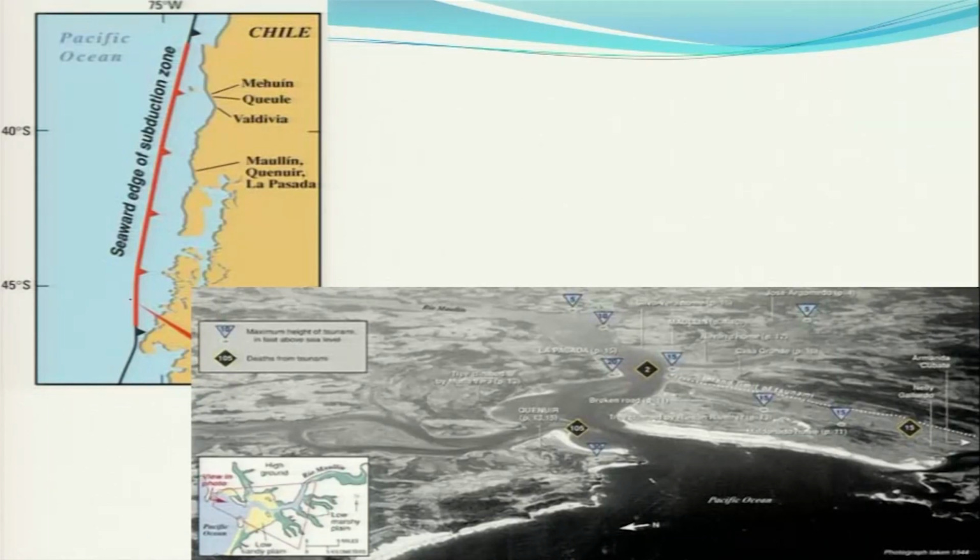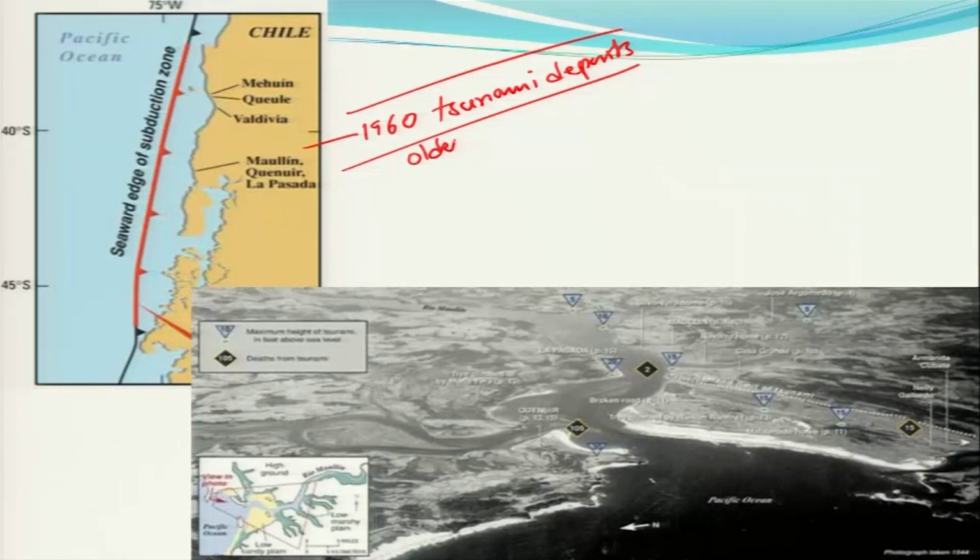This is the area which has been shown as a ruptured area, and the survey which was conducted here was very important in that it was close to the region of the subduction or the rupture area as well as the subduction zone, and the evidence or the interviews which were conducted with the survivors helped us in identifying not only the 1960 tsunami deposits, but also the older ones which we call paleo tsunami deposits.